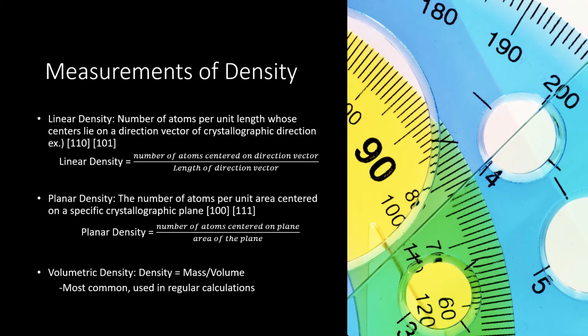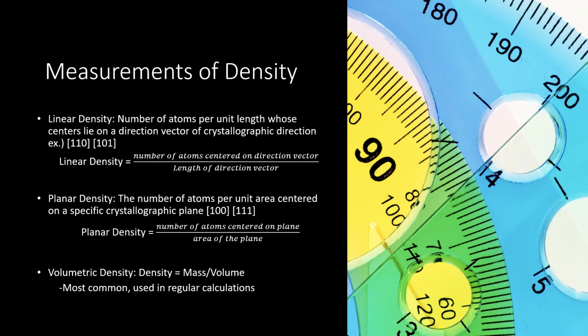So there are some common measurements of density, starting off with linear density, which is the number of atoms per unit length in a given direction vector. As you can see by that equation, it's the number of atoms centered on the direction vector over the length, and that will give you a unit of nanometers to the -1.